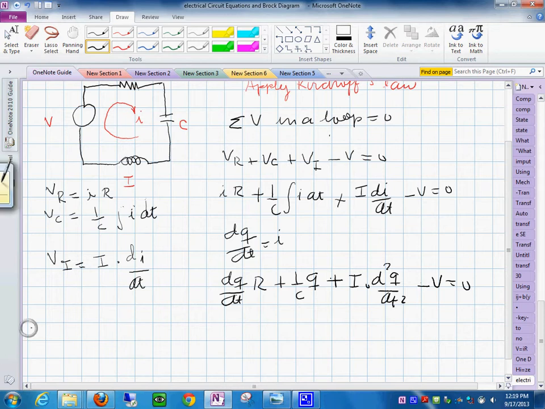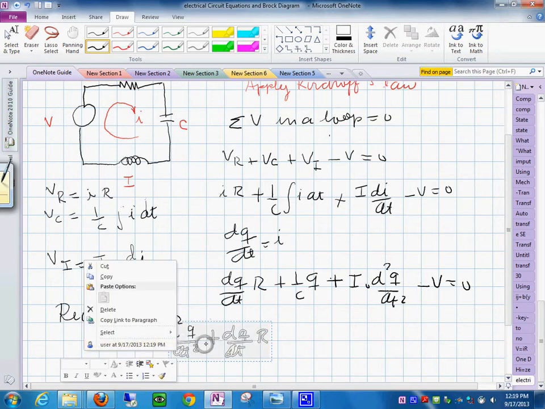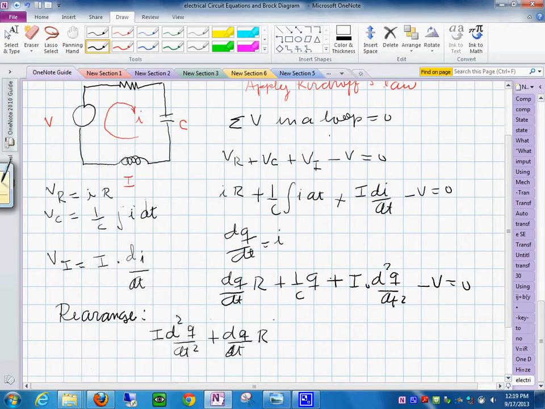So we could rearrange and write down that L d squared q dt squared plus dq dt times R. Now, what I meant to say is we need to leave this one by itself.